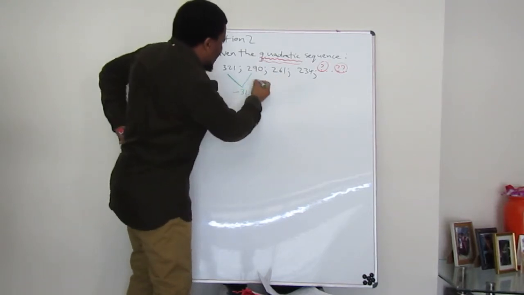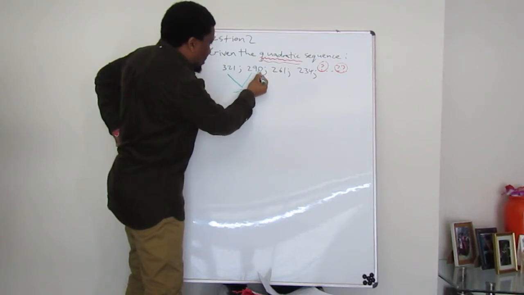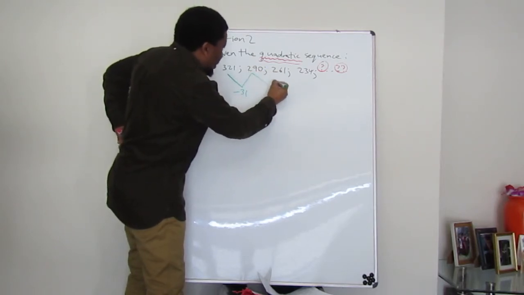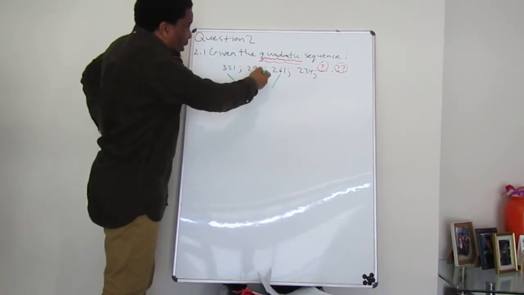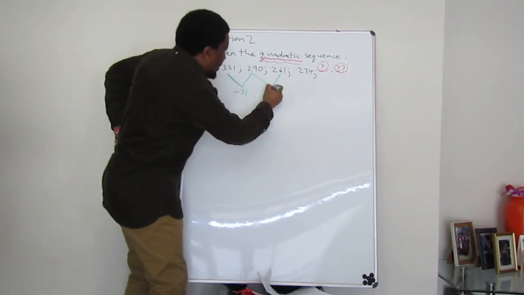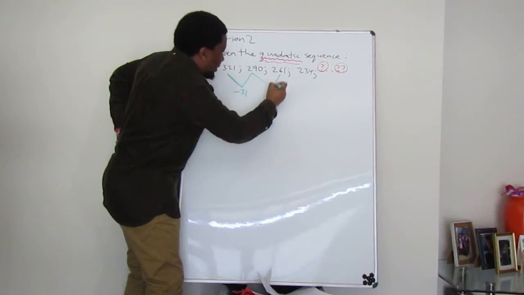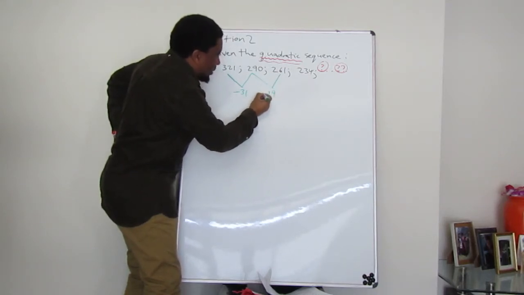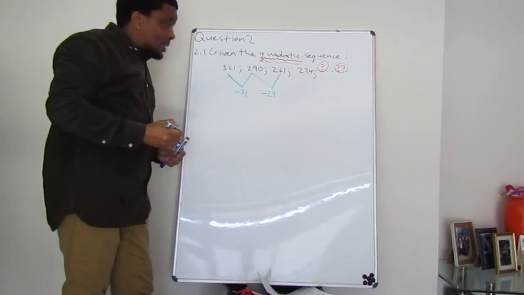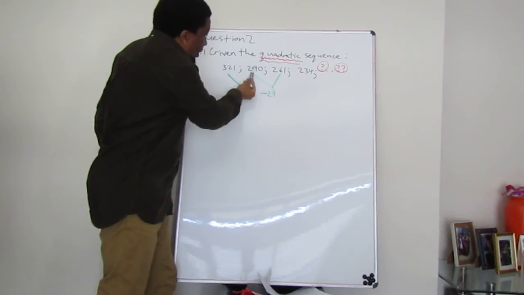Going from 290 to 260 is about 30 units, but to 261 it's about negative 29. That is the difference that I get from here to there.